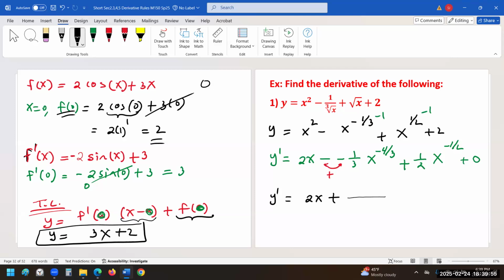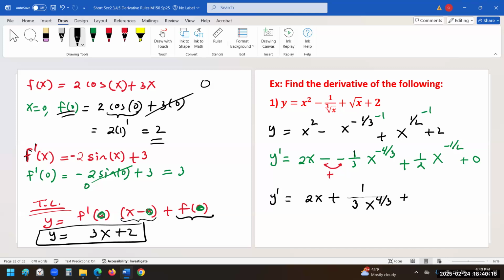Now the second term already has 3 on the denominator, right? So keep it 3, and this whole expression comes down on the denominator, x to the 4/3, and becomes positive power. What goes on the top? Only 1. We have this one, we have no other number, so we bring it down.